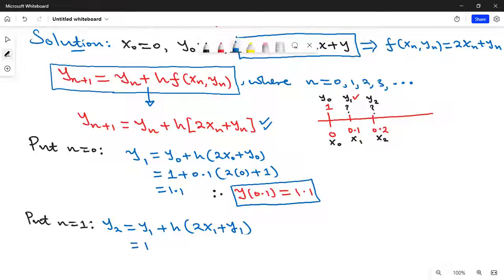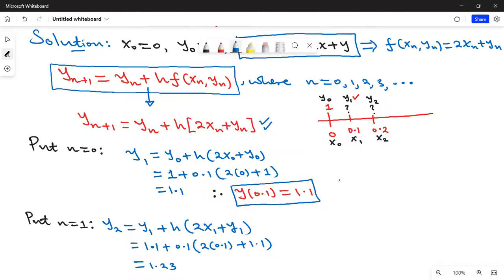Replace: y1 is 1.1, h is 0.1, 2 times x1, x1 is 0.1, plus y1, which is 1.1. When you press this in your calculator, you need to get y2 is equal to 1.23. So that's the value of y2.